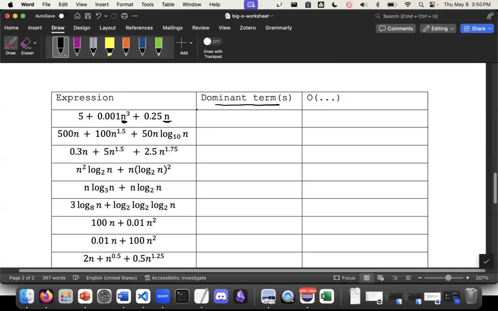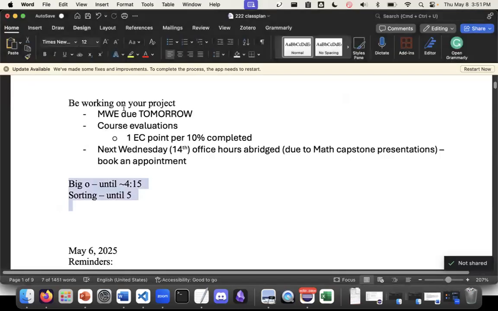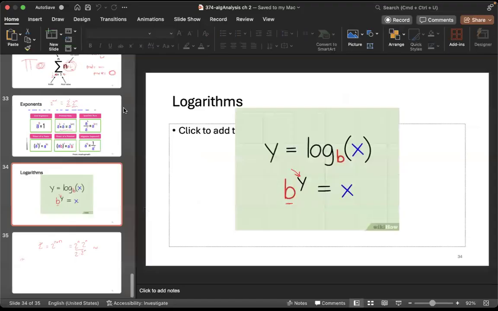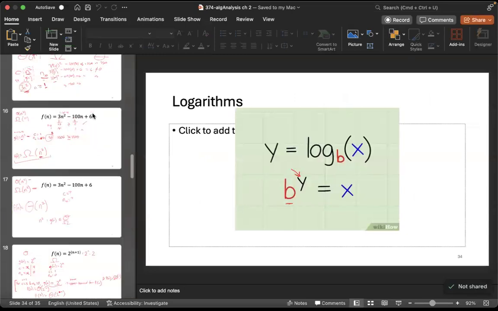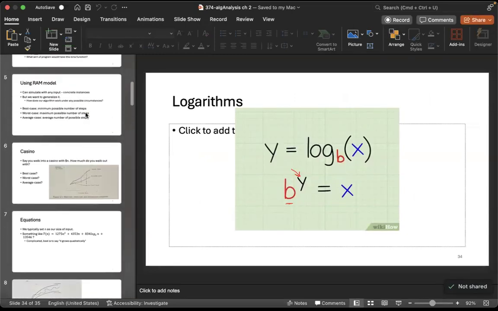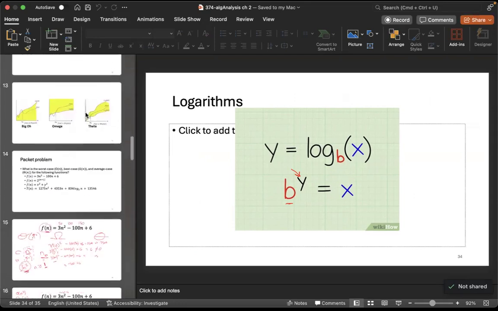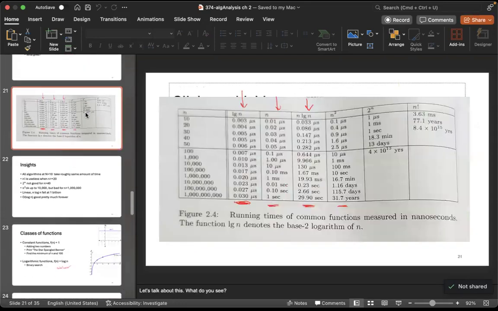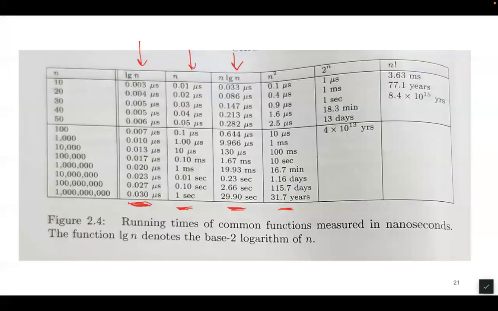Here's the point where, when I say ignore constants, this is one of the places where this comes up. Let's go back to the chart. Went too far. We see this chart. And so even if the modifier on n squared, or is it n cubed?